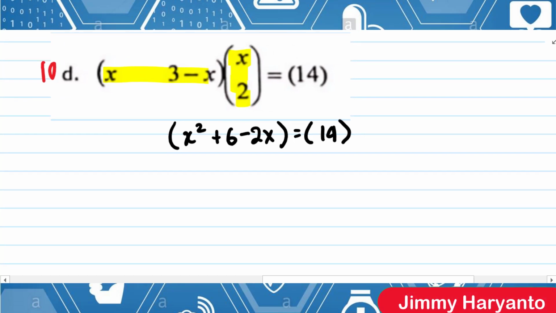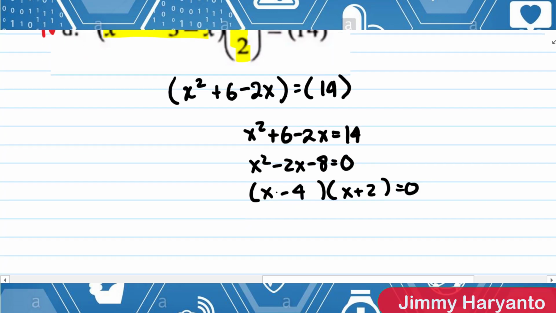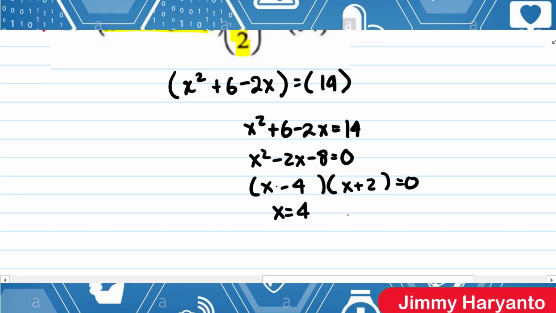Because we have a 1 times 1 matrix equals a 1 times 1 matrix, therefore we can conclude that the first matrix should be equal to the second matrix. So x squared minus 2x minus 8 equals 0, and then we factorize: x minus 4, x plus 2 equals 0, x equals 4 and x equals negative 2.